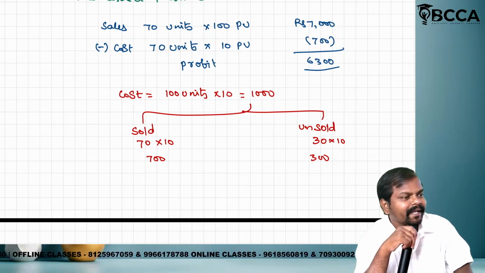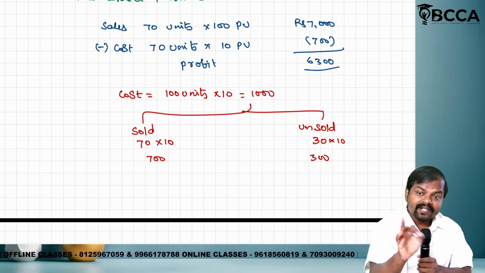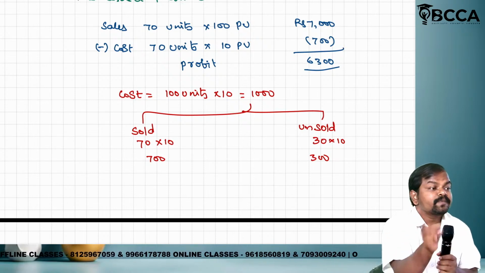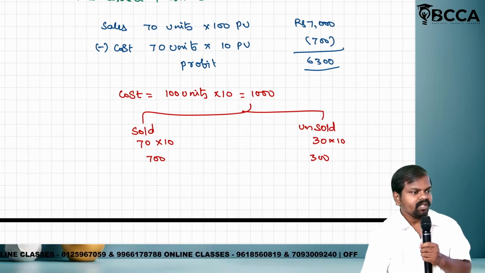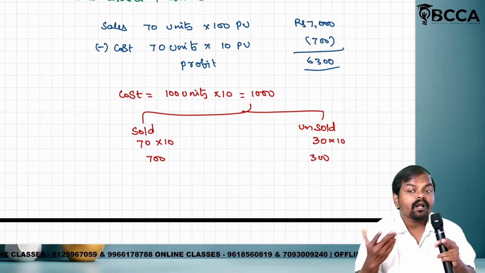Correct? Expired cost means such a person will be visible or not visible. Same logic. Expired cost means cost is not visible. Expired person means not visible. Expired cost means not visible.